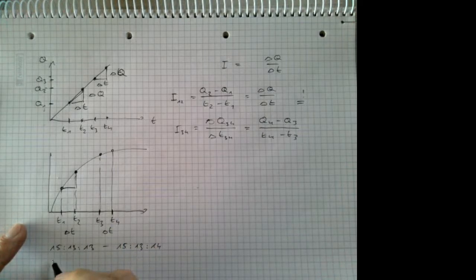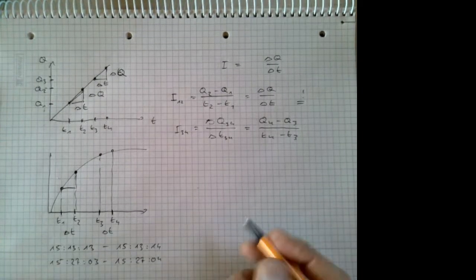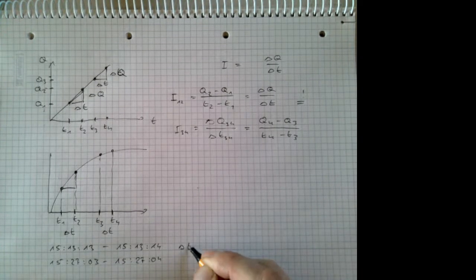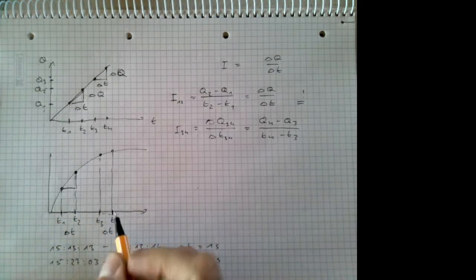And then later we measure at, I don't know, 15, 27, 03 to 15, 27, 04, right? So at different times, the same time difference, 1 second. So delta T is 1 second, and later it's still 1 second.